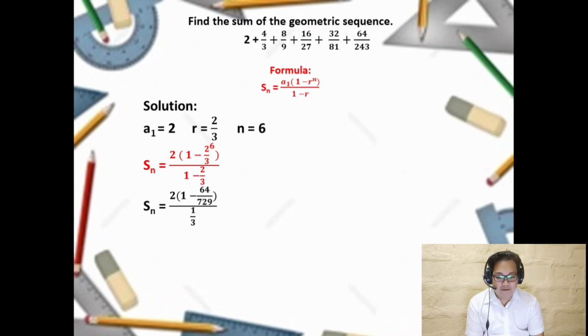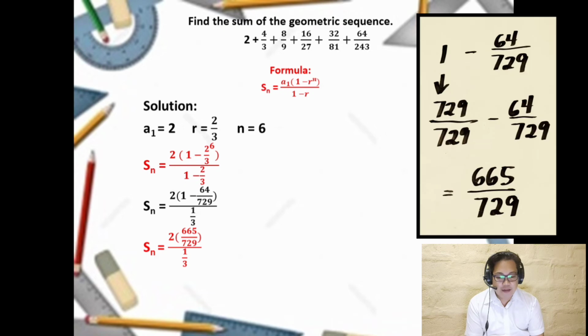So, we have now 2 quantity 1 minus 64 over 729 over 1/3. So, again, 2 times 1 minus 64 over 729.